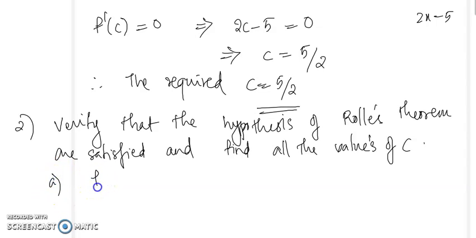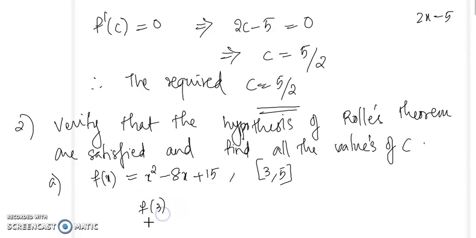So let us take f of x equal to x square minus 8x plus 15. We are given the interval 3 to 5. So let us see what is f of 3 and f of 5. So f of 3 will be 9 minus 24 plus 15, so that is equal to 0.